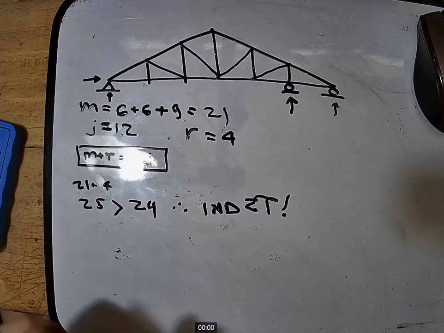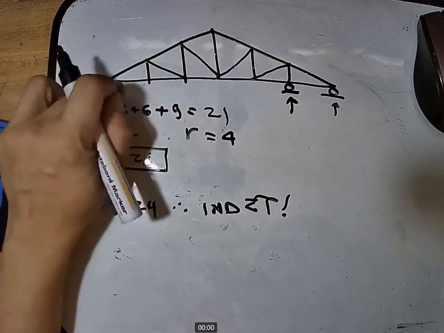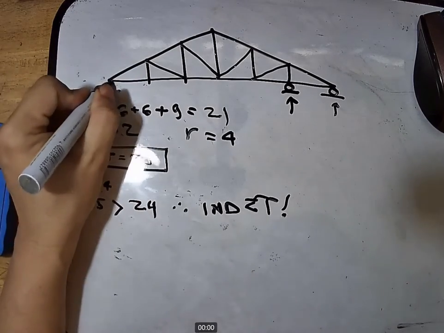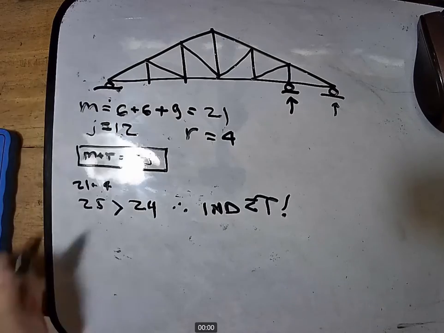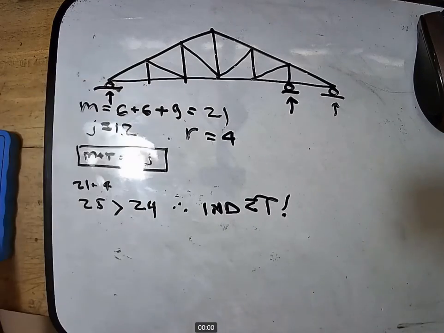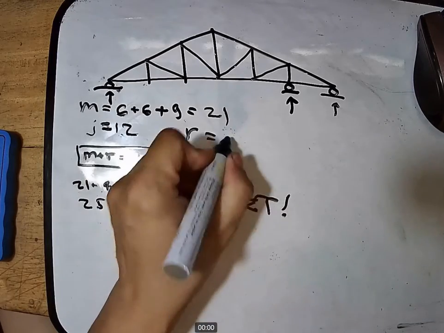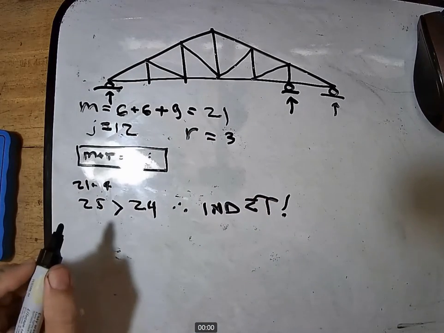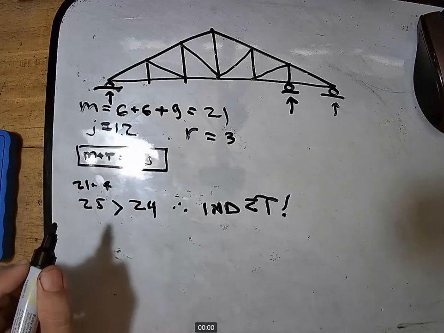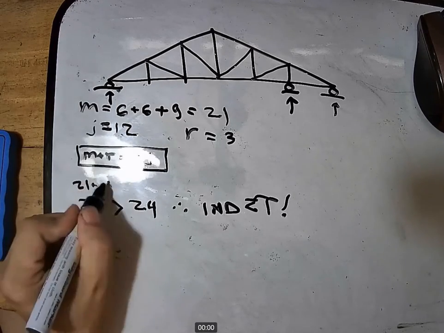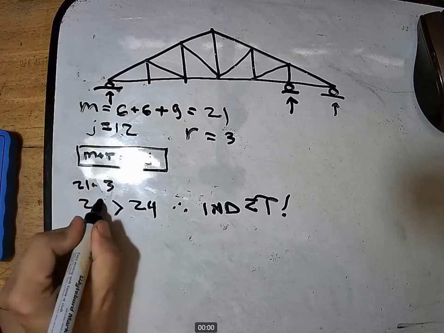Okay, next, let's say we make this a roller. So, vertical only. It has no horizontal. So, your r here becomes 3. Okay? So, 21 plus 3 becomes 24.